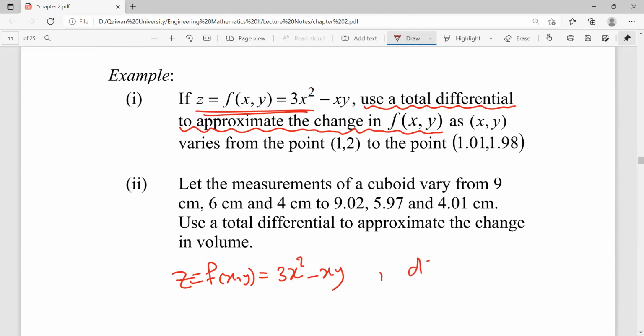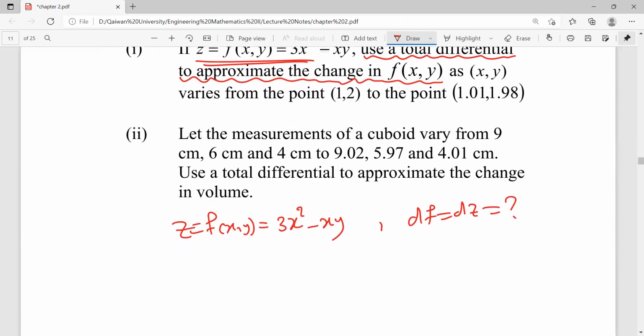What's df equals dz equals what? We should find this. So what else is given? We are given that xy changes from (1, 2) to (1.01, 1.98). That means x is changed from 1 to 1.01 and y changed from 2 to 1.98.